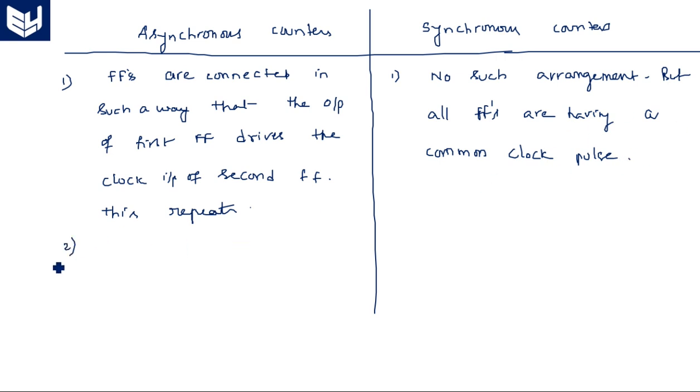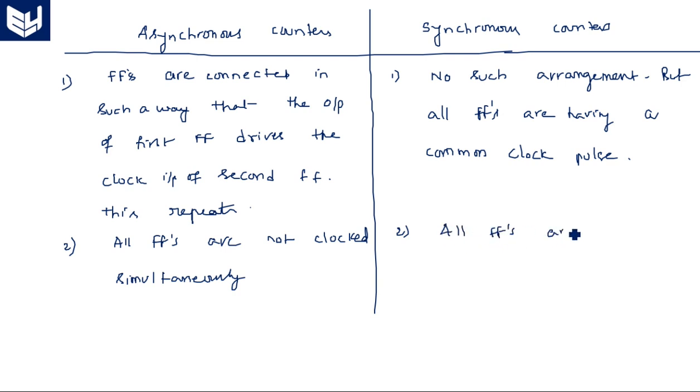All are activated at a time synchronously. In asynchronous counter, all flip-flops are not clocked simultaneously. That means all flip-flops are not clocked simultaneously, but here all flip-flops are clocked simultaneously.